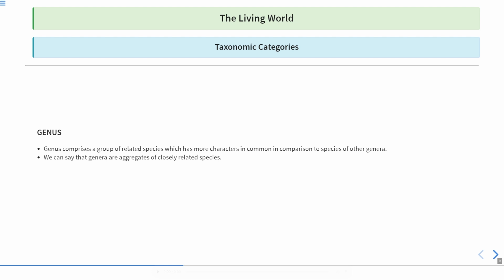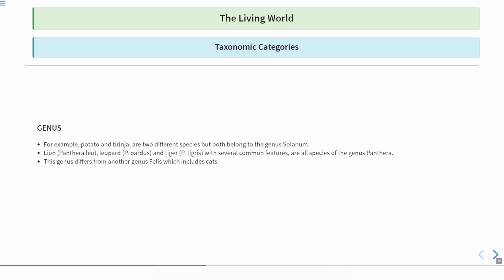Panthera is a common genus in tigris and leo. So leo and tigris, these two species, are very closely related. Tiger and lion are very closely related. Panthera, tiger, leo, lion.